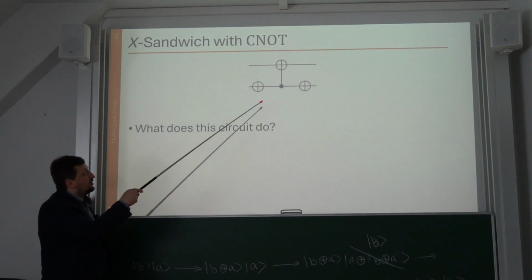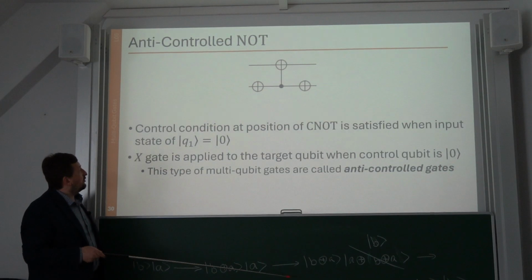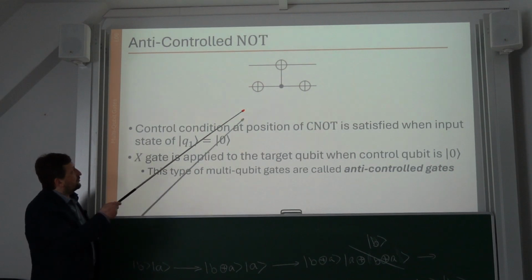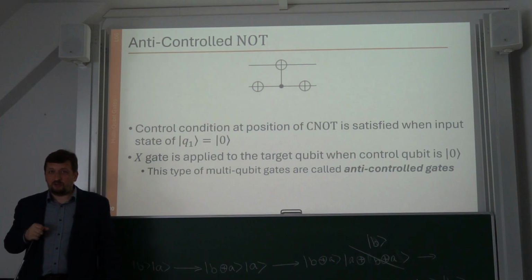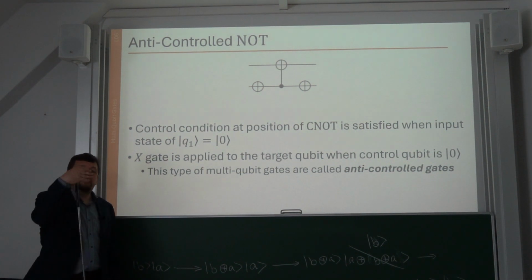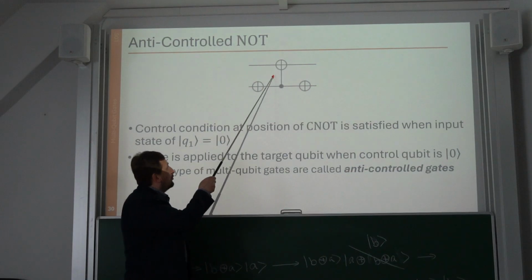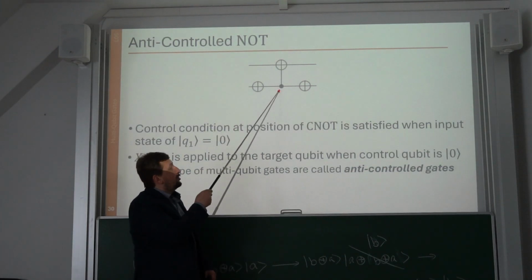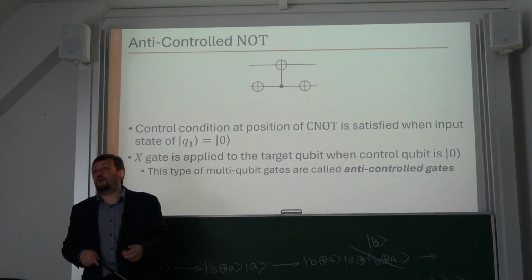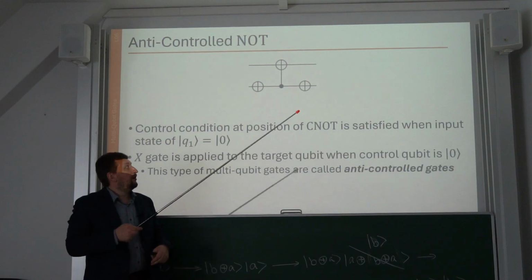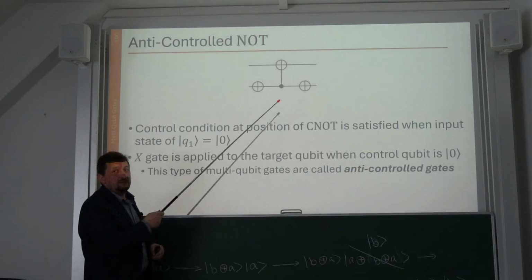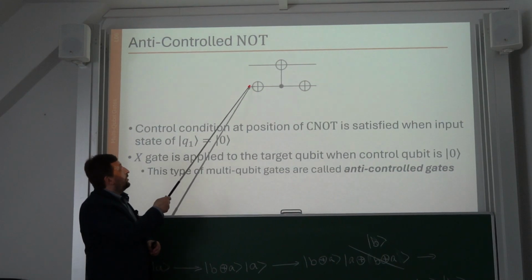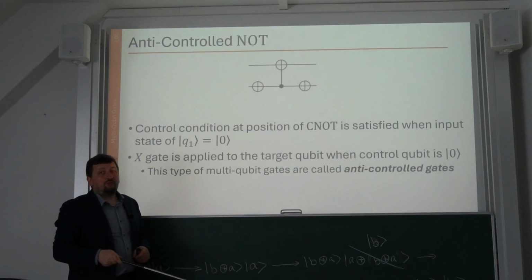condition for the C0 gate. This particular configuration creates a so-called anti-control gate. A control gate applies the gate to the target qubit when the control condition is 1. An anti-control gate applies the gate when, if we consider this as a single gate, the input value of the control qubit is 0.